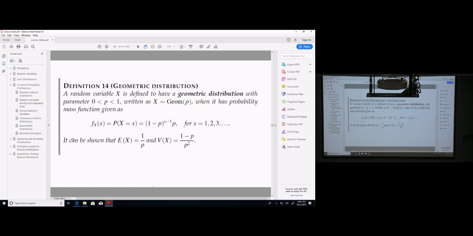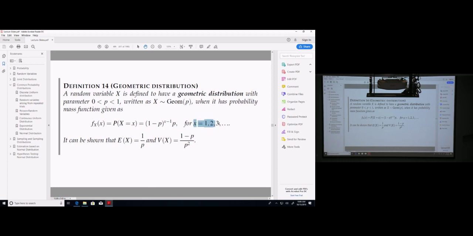all right? I mentioned that there are two slightly different versions of the geometric. The two versions depend on whether you count the total number of trials, including the one that leads to success, or you just count the number of failures before the success. So very often, when people spell out the probability mass function, you can take a look.